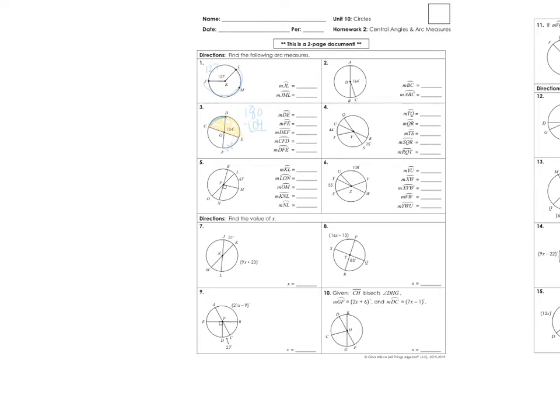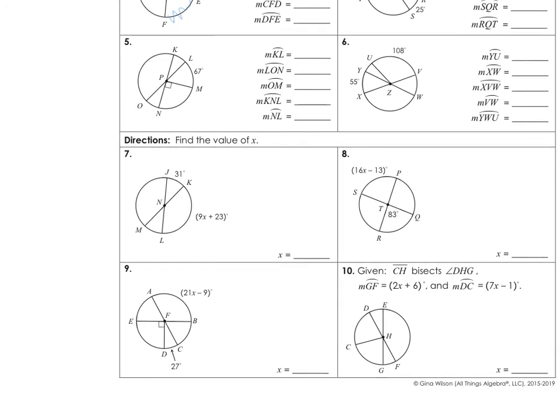Okay? Now, looking at the bottom ones here where we're talking about the algebra, no sweat. So keep in mind, they want the value of x in this one. Well, okay. So all we got to do is this part is 9x plus 23. Add it on to 31 because this whole section is going to equal what? You got it, 180.